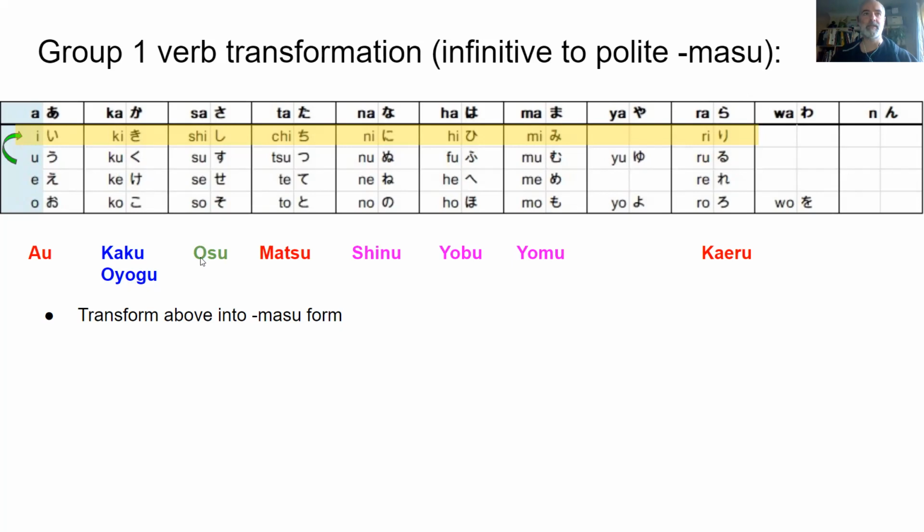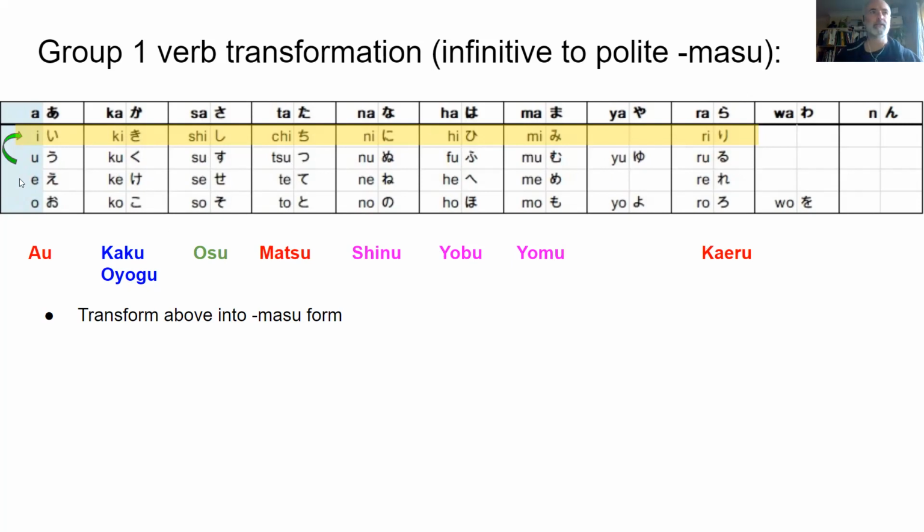Again, you can see that the stem is o, and the suffix is su. Matsu, to wait. The stem is ma, the suffix is tsu, and so on. Shinu means to die, and I think this is probably the only verb in the nu set. Yobu, to call. Yomu, to read, and kaeru, to return home.